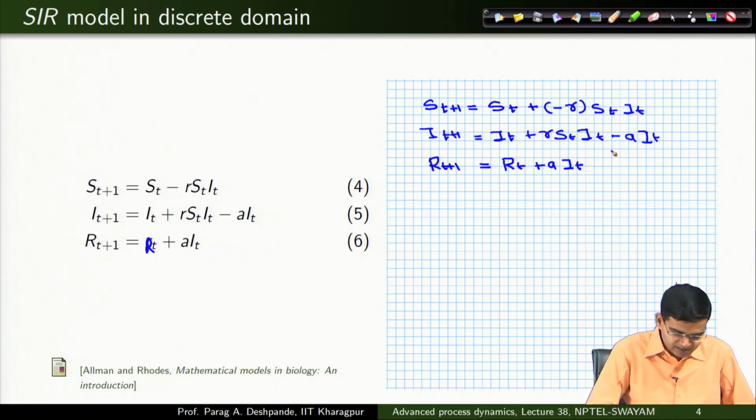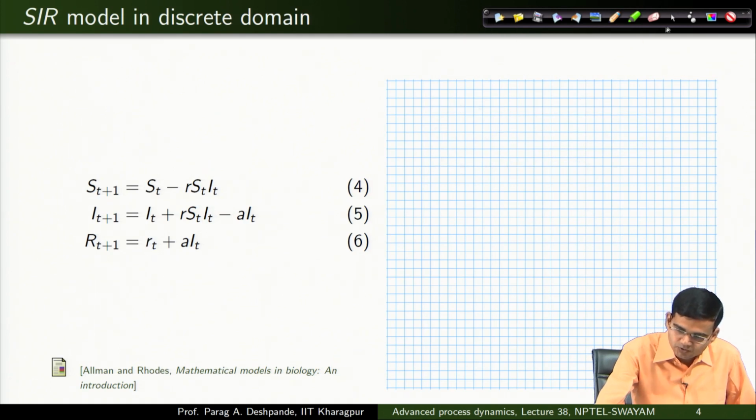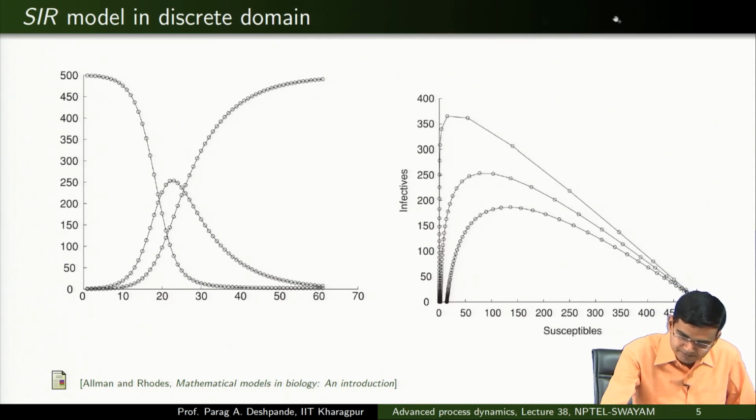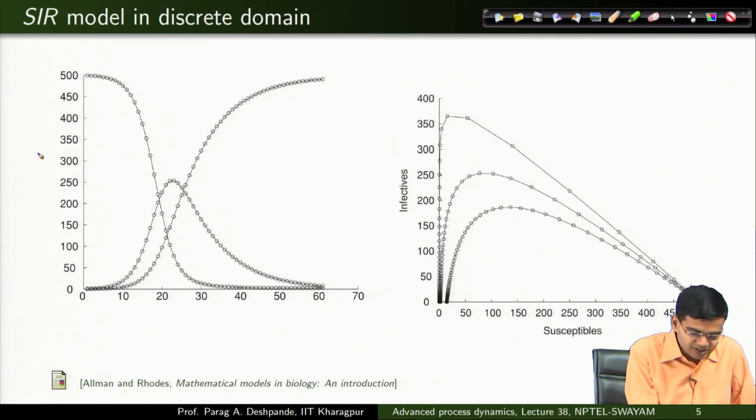If you look at the text reference which has been given here, I have borrowed two results from them. The figure on the left hand side gives you the evolution of S, evolution of I, evolution of R in time.